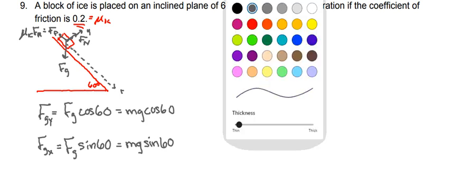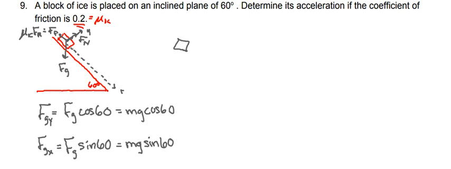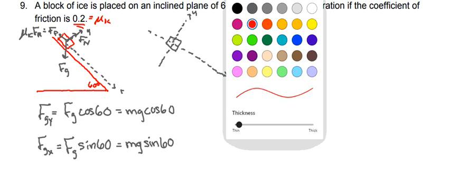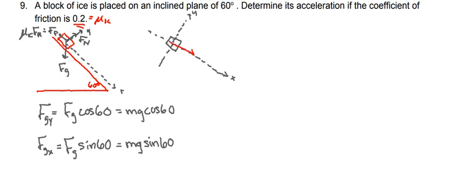And actually, I want to draw a new free body diagram. That should be tilted way more than that one. Okay, so remember, this thing is going to accelerate down the hill. And I'm going to draw all the forces on there. So x forces, I'll draw those in red.